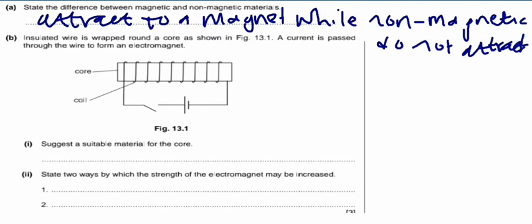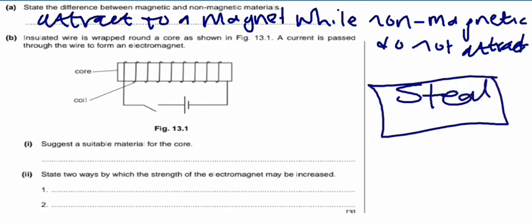An example of a magnetic material is steel. Apart from steel, we can also say cobalt. So cobalt is an example of a magnetic material.